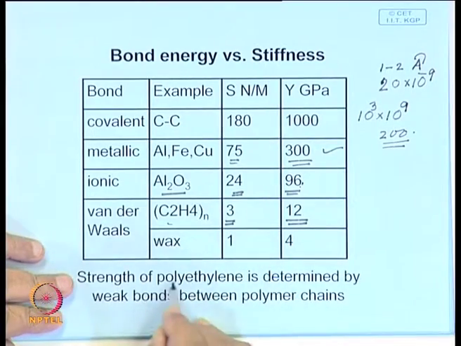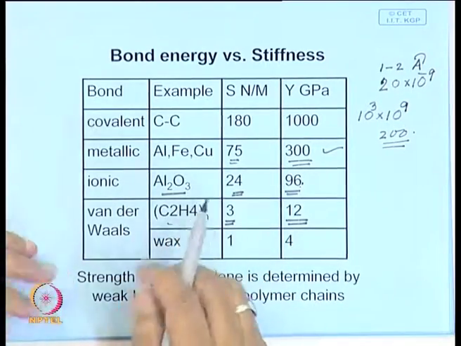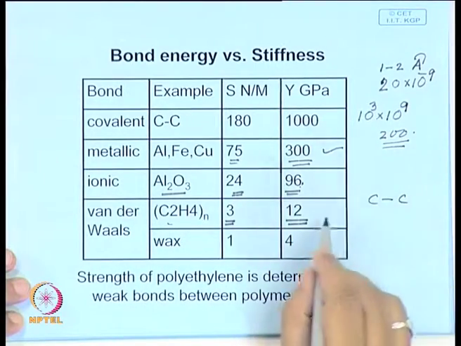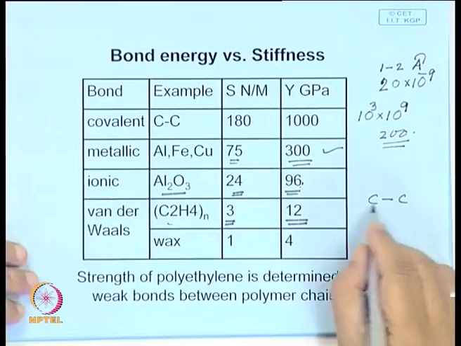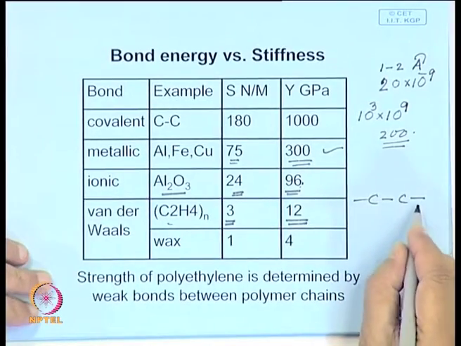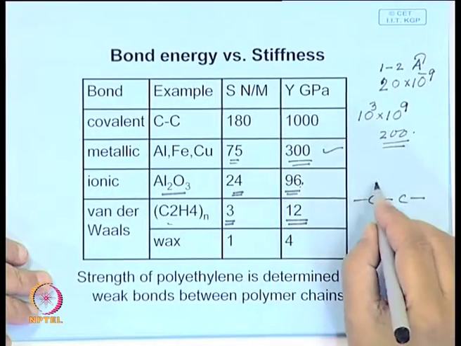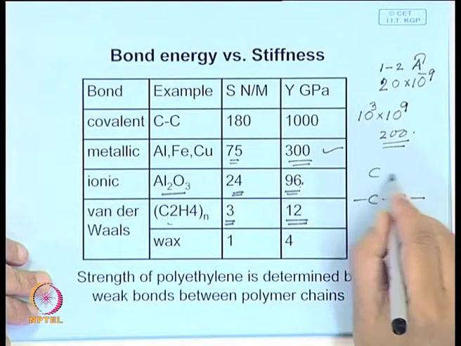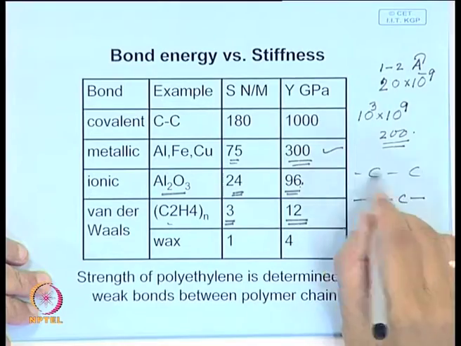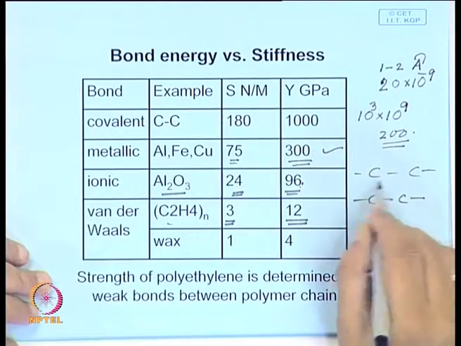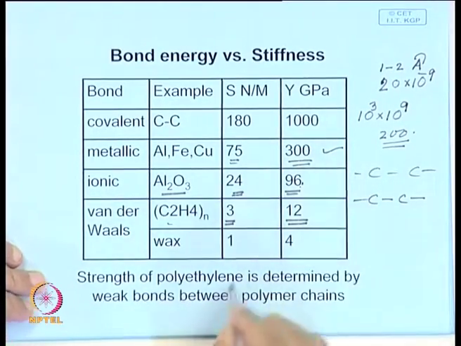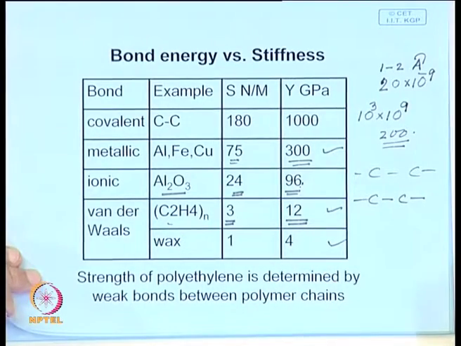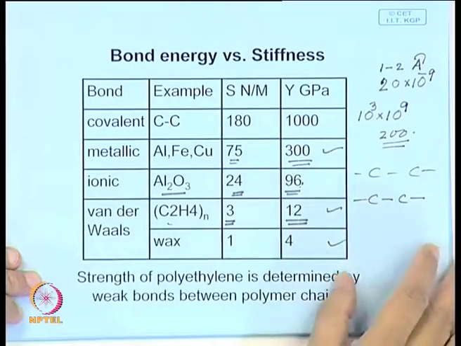If you look at the carbon-carbon bond, it is very strong, and in a polymer, along the chain it has high strength, but its strength is primarily determined by van der Waals bonds, which are between chains. So, there will be several chains, and between chains there is a van der Waals bond. So, its strength here, here and here is primarily determined by the van der Waals bond.